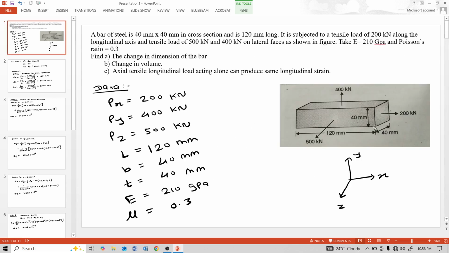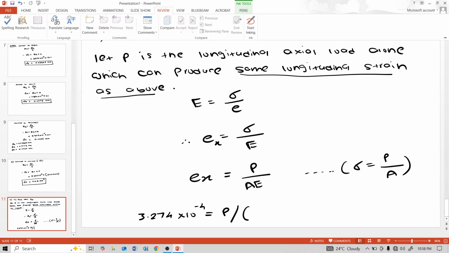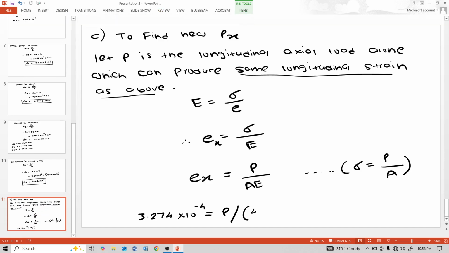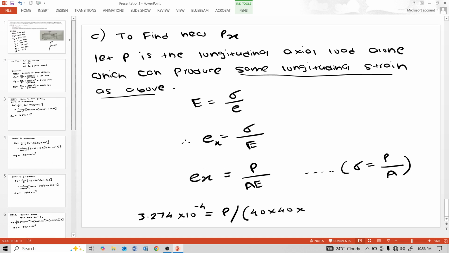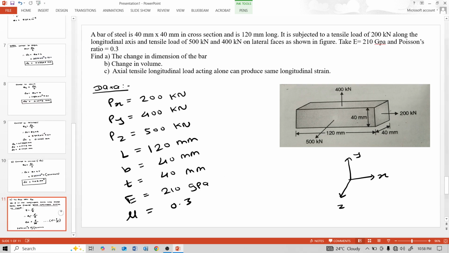Area is 40 thickness and 40 width, 40 cross 40, and Young's modulus is 210 into 10 raised to 3 MPa.